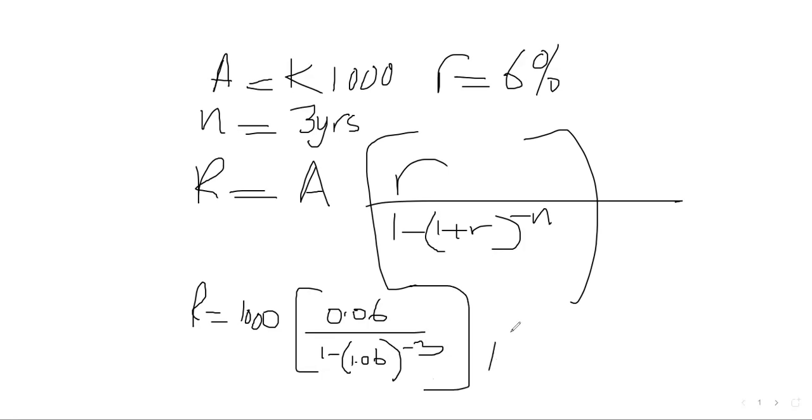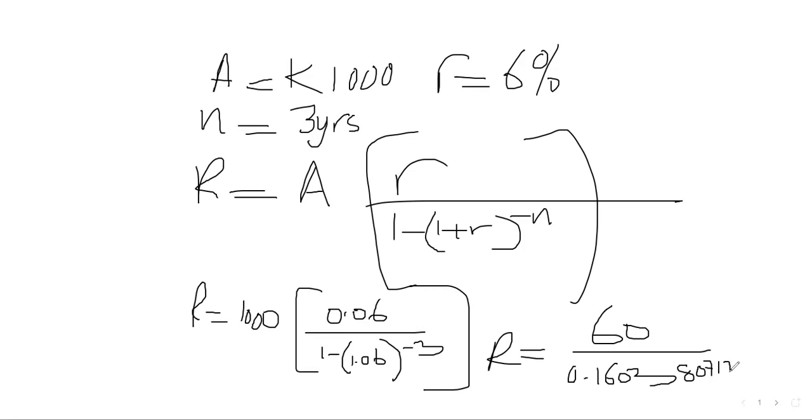That is 60 over 1 minus 1.06 to the power negative 3, which is about 0.1603. So 60 divided by that gives 374.11.